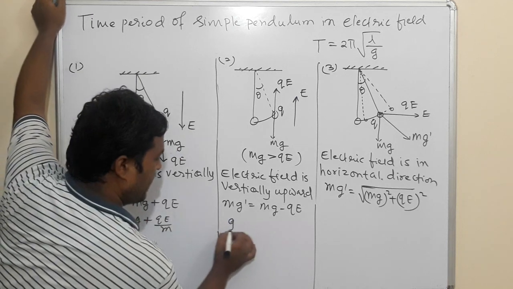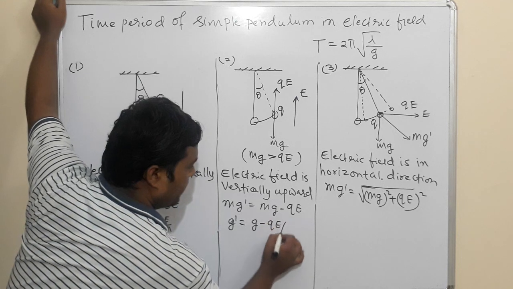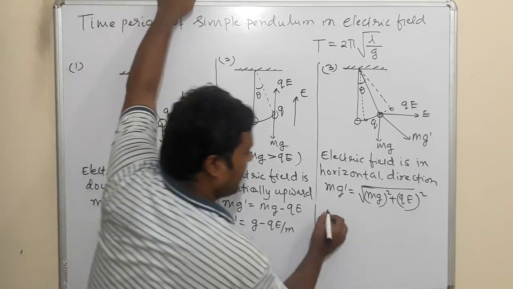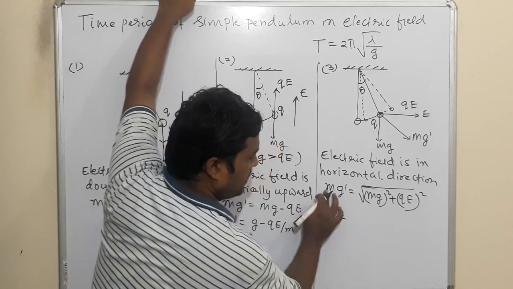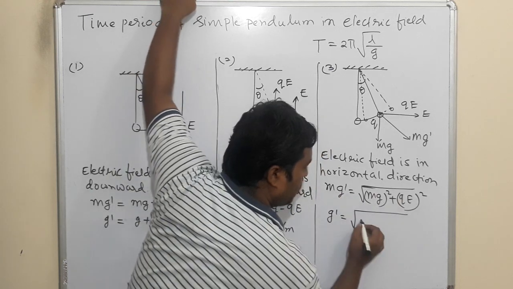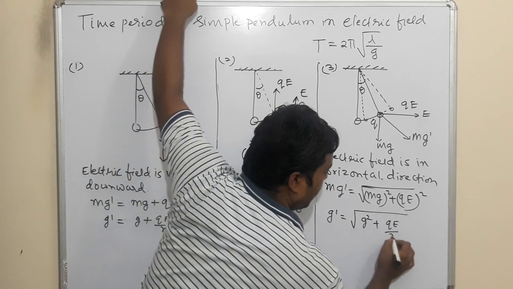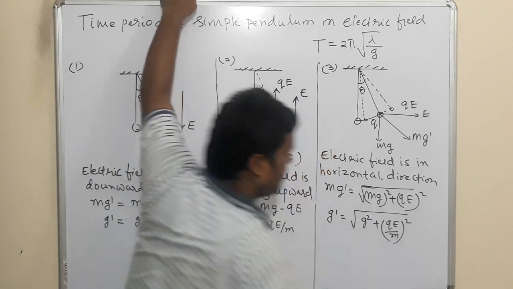Then g dash is equal to g minus QE by m. Then here g dash will be equal to, taking the mass into the root, root of g square plus QE by m whole square.